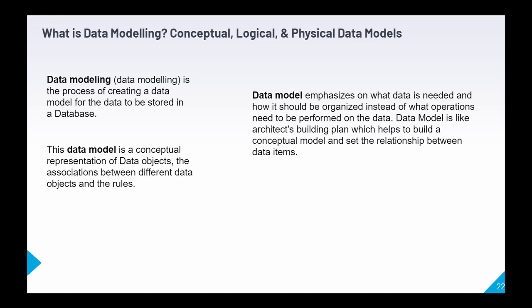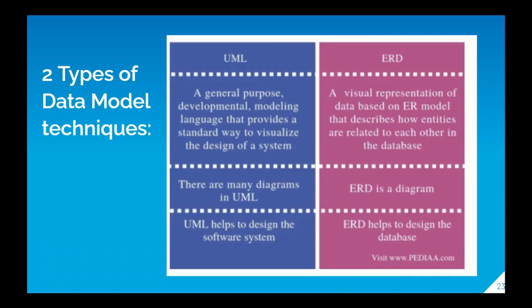Alright, so as you can see, we have the conceptual right there on the top, conceptual and logical, and then you have the physical data models. So there are 3 types of data modeling. Alright, so for the 2 data modeling techniques, you have the UML or the ERD.